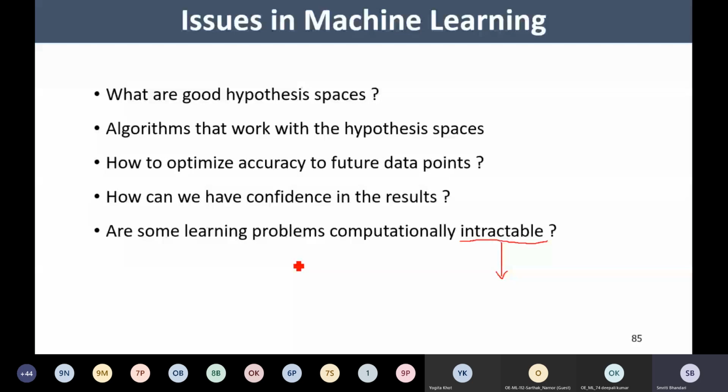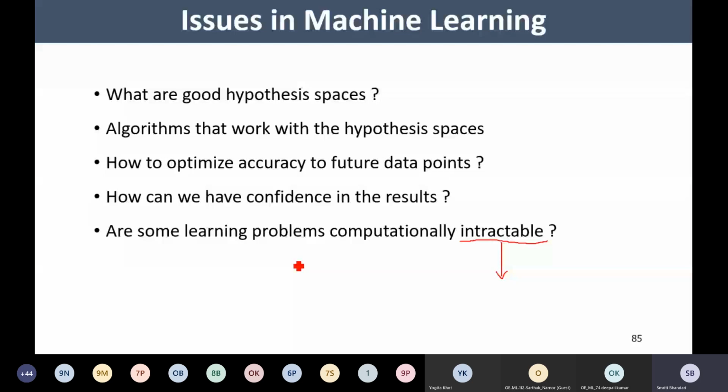So while dealing with the algorithms, we also need to think of whether my algorithm is computationally tractable or intractable. If my algorithm is computationally efficient, then I need to prefer to use that algorithm, because in minimum amount of time I can expect the result out of that algorithm, right?